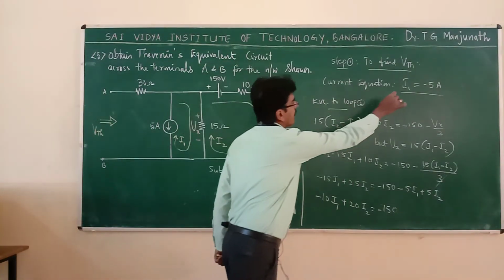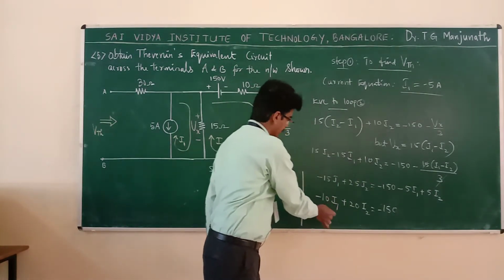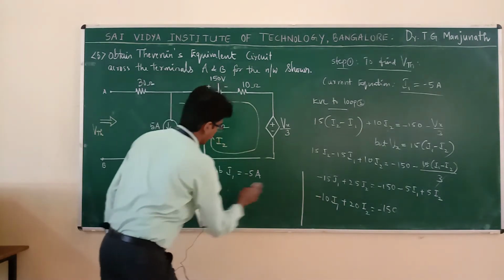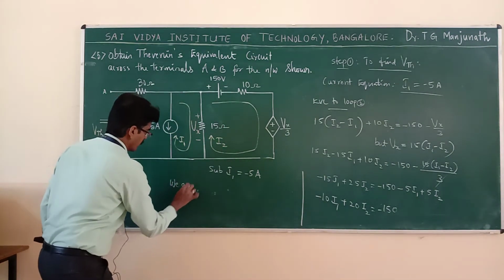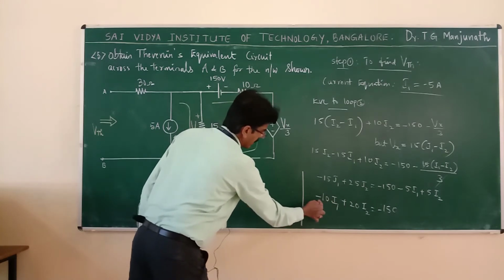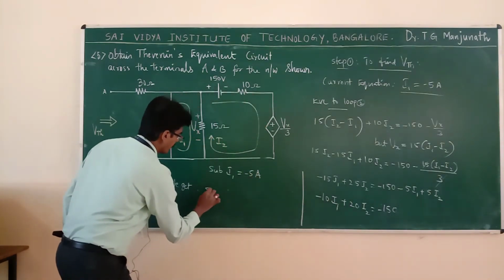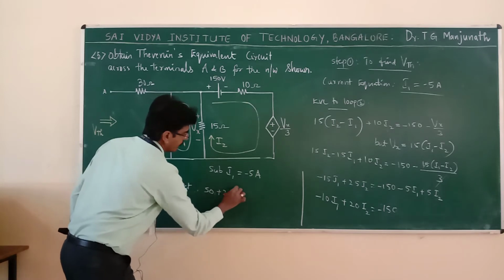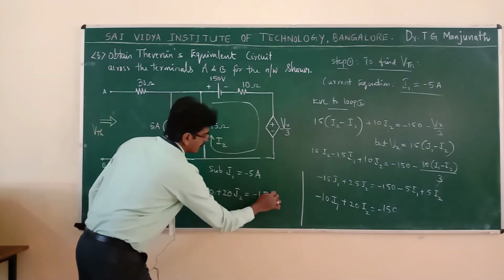Now substituting the I1 value in this equation, what do we get? I1 is equal to minus 5, so minus into minus plus 10 into 5, that is 50, plus 20 I2 is equal to minus 150.